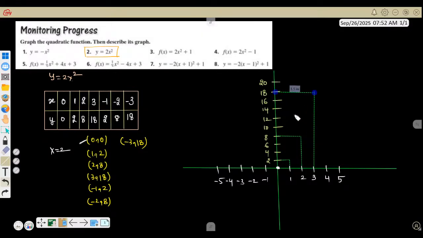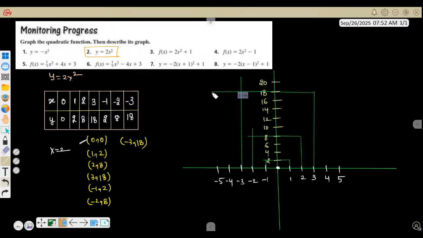Same thing in the negative direction, -1 comma 2, this one, and then -2 comma 8, this one, and then -3 comma 18, this one.